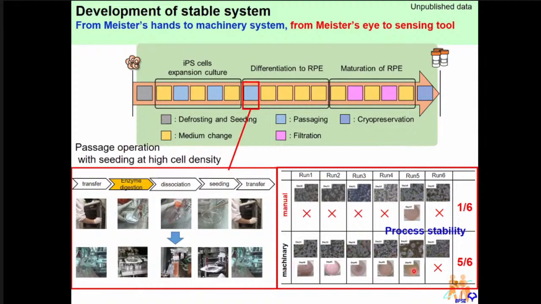But unfortunately, last time, I don't know the reason why, but it didn't. So once after tuning up the machinery system, same operation means causing the same result. The stability of the process is much higher in using the machinery system compared to the process using the manual operation.